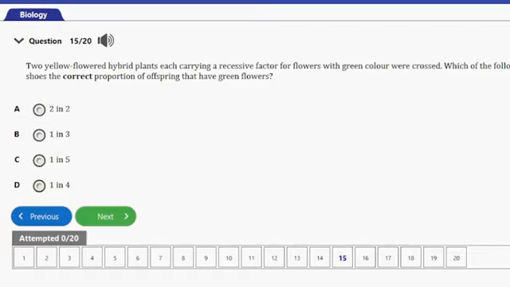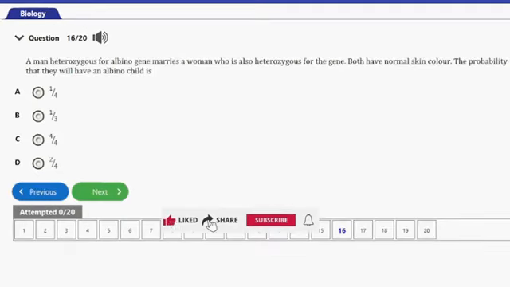So in that case, it means that in every 4 you will always have 1 green colored plant. That's their probability anyway. So in that case, 1 in 4 is the answer to this question, and that's it for that question. So we have question number 16 here, guys.